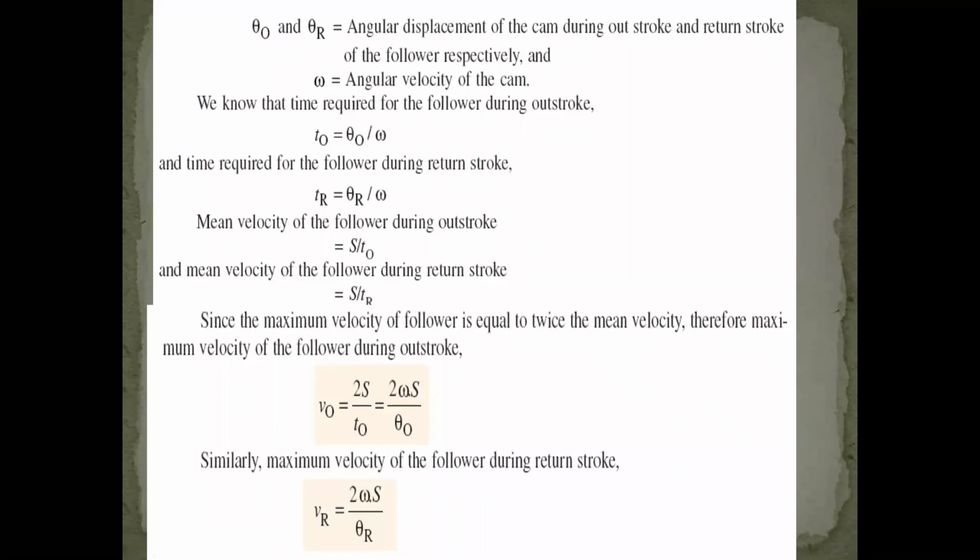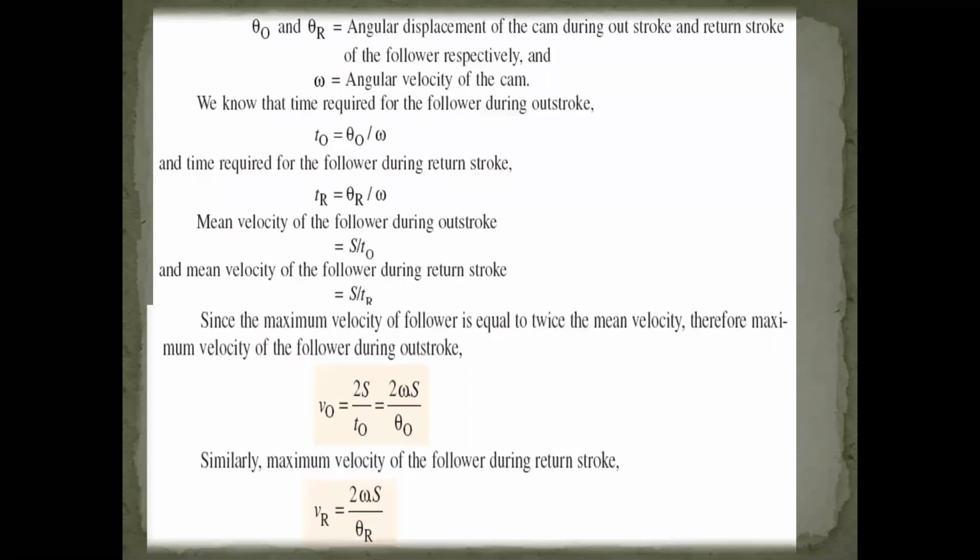So the maximum velocity during the outstroke is 2 omega S by theta naught. Now let's find the maximum acceleration. A naught equals velocity by time, where the time is T naught by 2. Why? Because the maximum acceleration is achieved only up to the mid of the stroke, so the time is half of the time required.